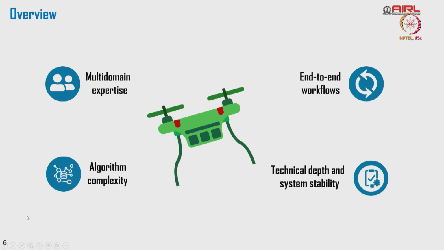The second problem is the complexity of the algorithm. How fast you can detect, how accurately you can detect, that's going to play another important role, right? Then you need to look at technical depth and system stability. Whatever happens, I don't want the drone to fall down and create damage.